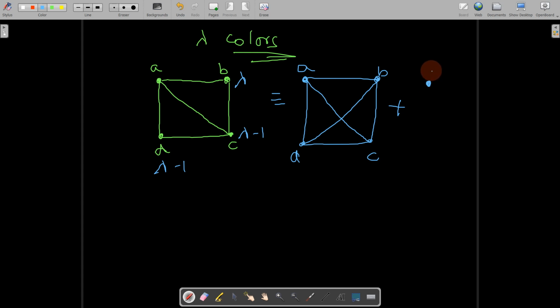A is adjacent to B, B is adjacent to C, C is adjacent to A, then C is adjacent to D, and D is adjacent to A. So this problem is reduced to how many ways you can color the first case graph and the second case graph.